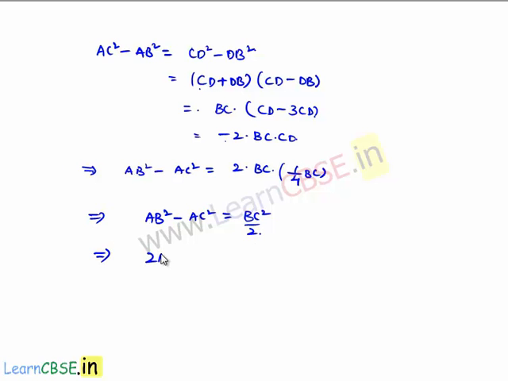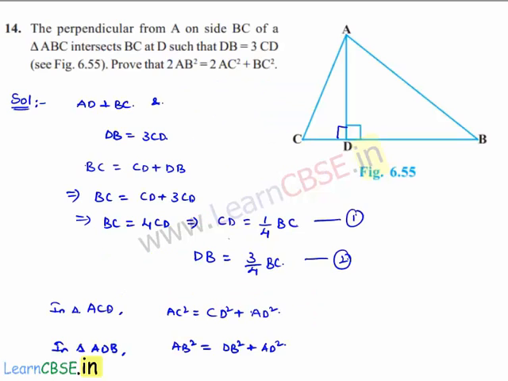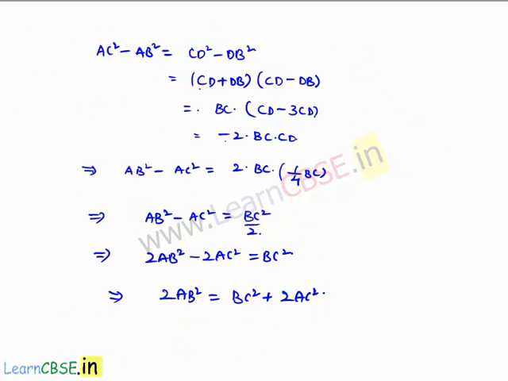Now by cross multiplication we get 2 times AB square minus 2 times AC square is equal to BC square, which implies 2 times AB square is equal to BC square plus 2 times AC square. This is what the required proof for us.